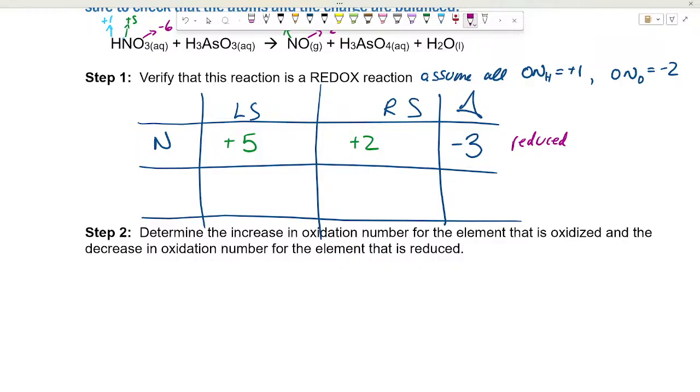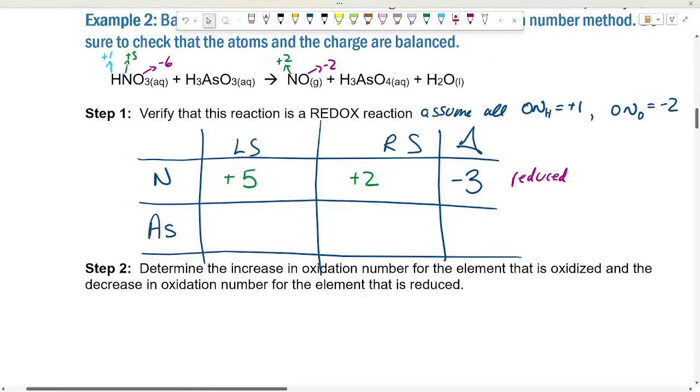What's the other thing we had to look at? Nitrogen and arsenic. All right. Let's look at arsenic. Okay. In this case, what is oxygen giving us? -6. What is hydrogen giving us? +3. What's this all have to sum to? Has to sum to 0. So what is the arsenic giving us? +3.